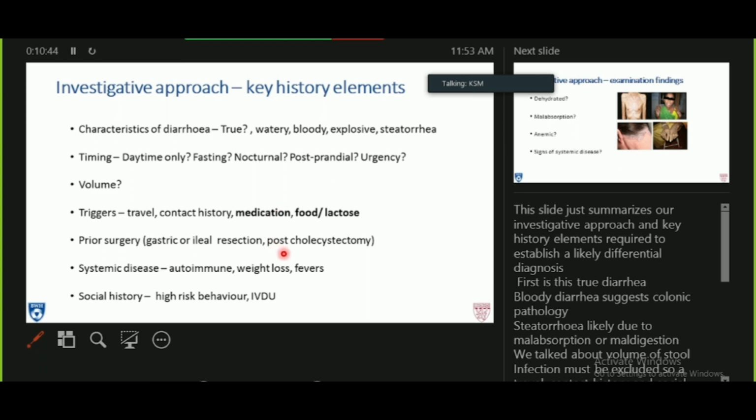And many patients who've had cholecystectomies can experience bile salt diarrhea, where they're excreting the bile salts into their intestinal lumen, and this in turn is causing a watery type of diarrhea. Always think about these features of systemic disease when you're seeing the patient as well.